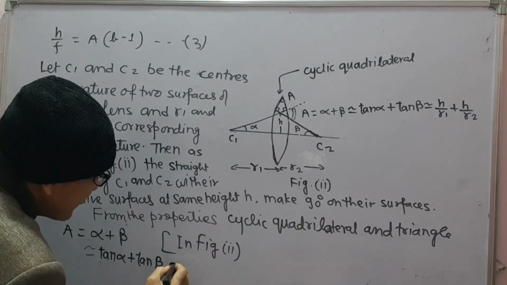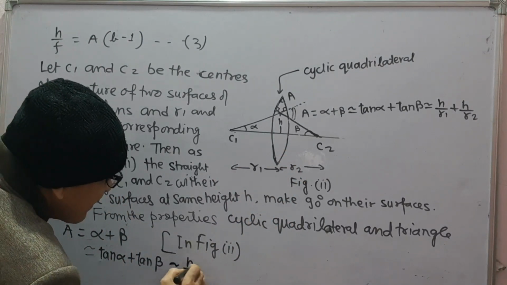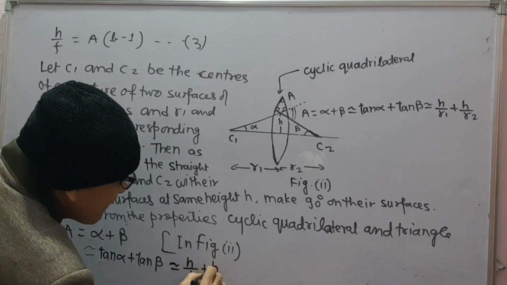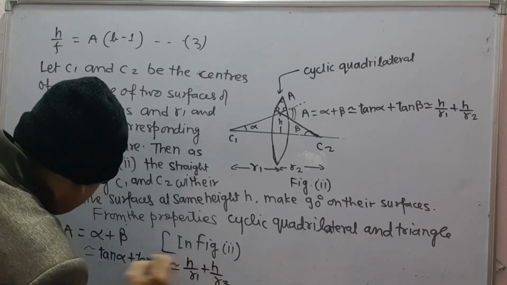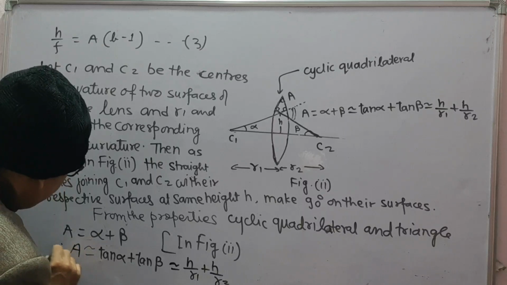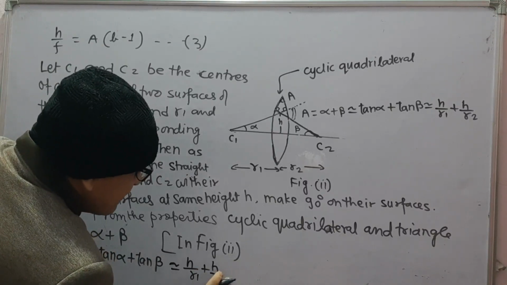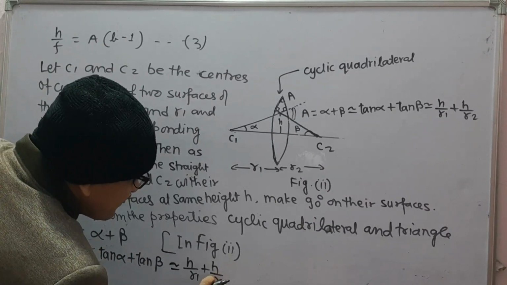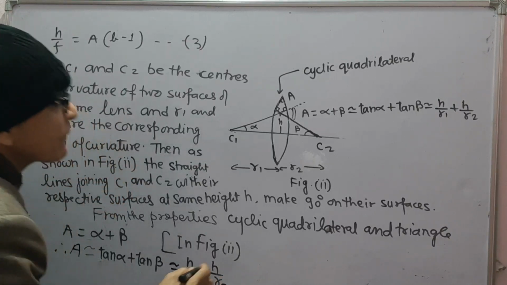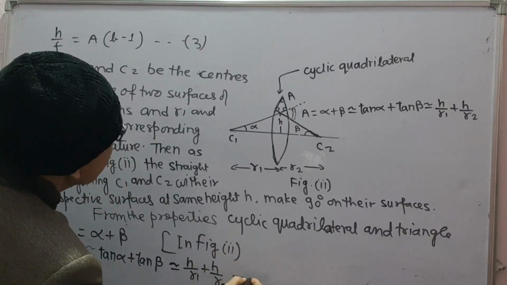So, this can be written as h upon R1 plus h upon R2 is equal to A. This is equation 4.